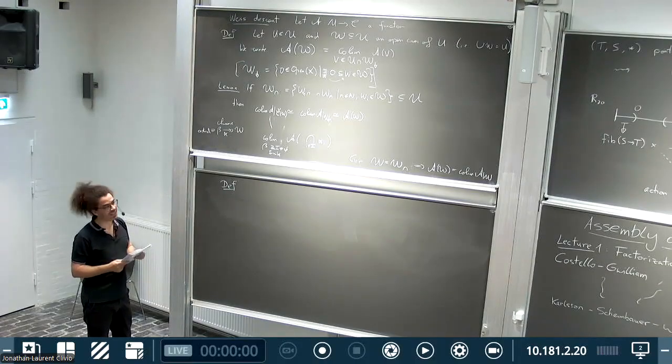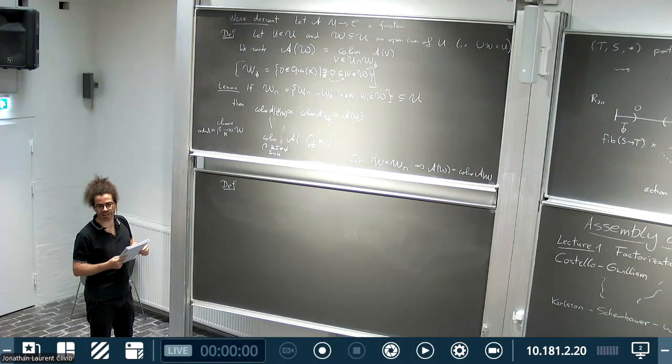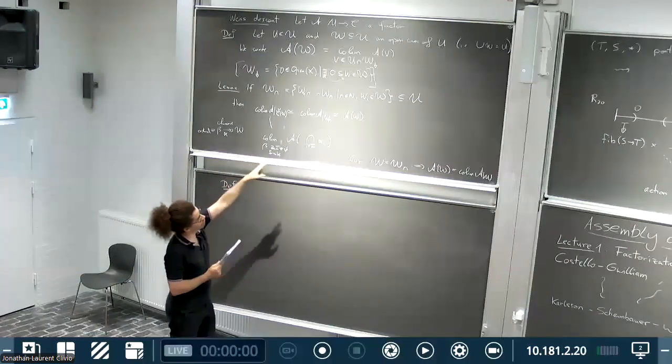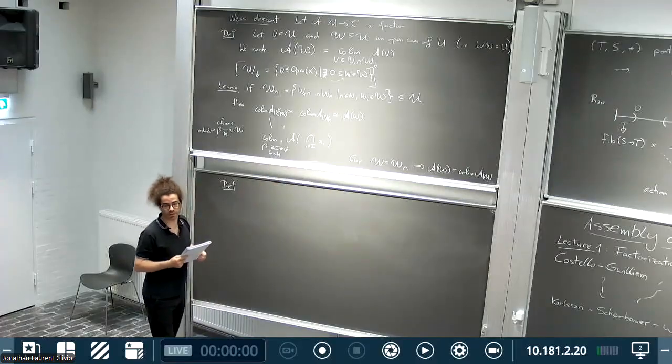So the conclusion is A of W can be computed as just the colimit of A restricted to the intersection closure of W. But this only works if the intersection closure is in U, of course, otherwise it doesn't make sense.